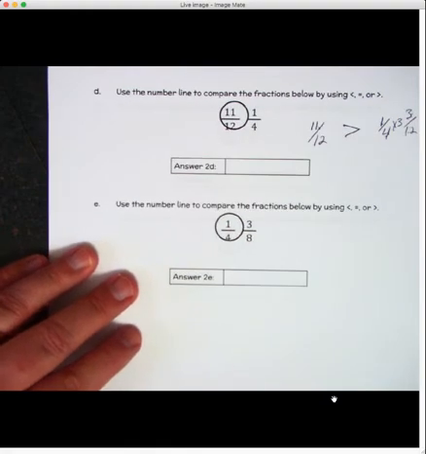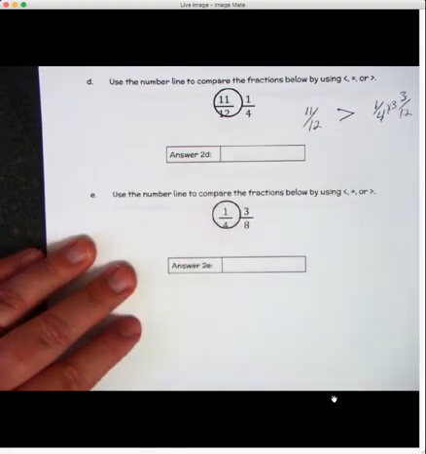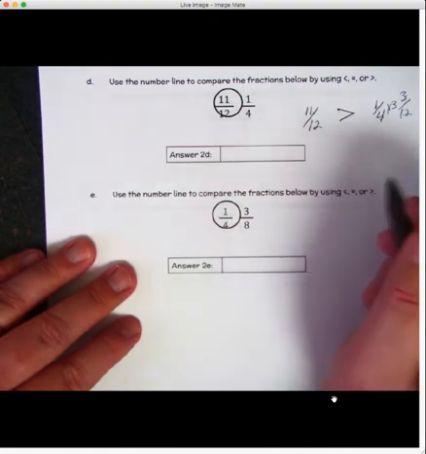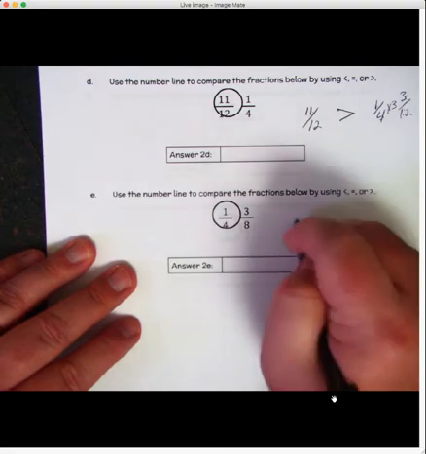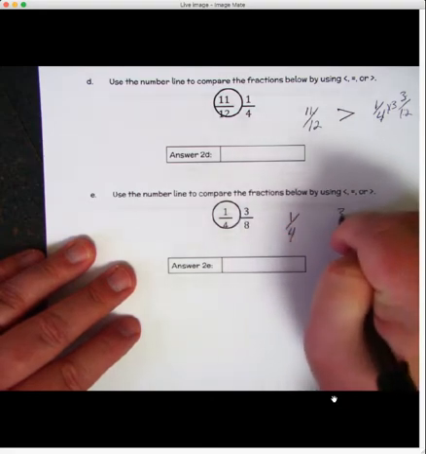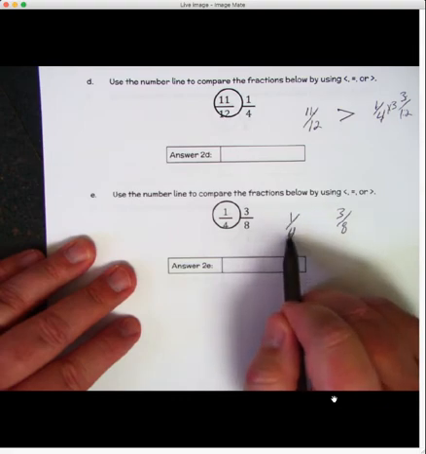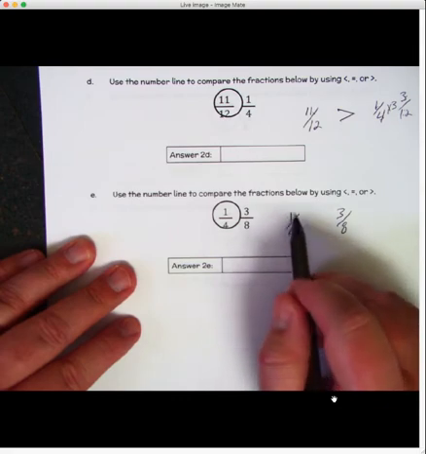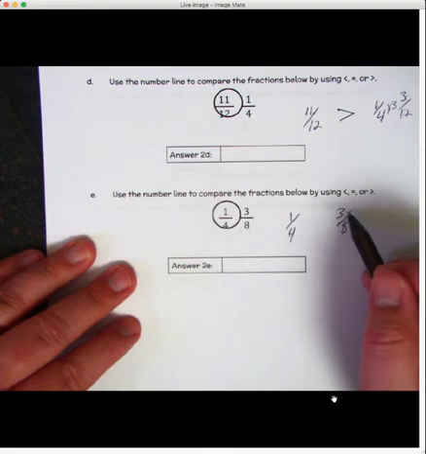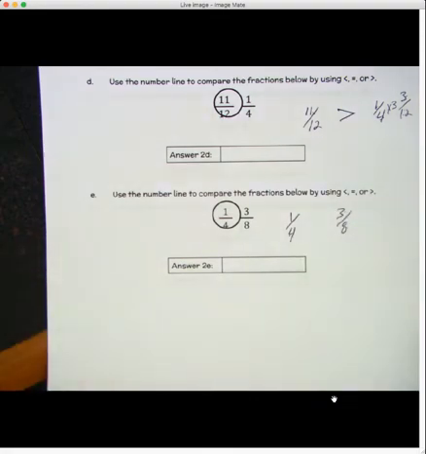Okay, use a number line to compare the fractions below. You can do a number line, however you want to do this. Draw it out like we're drawing it. 1/4 and 3/8 now. Now, if we were thinking in halves, this would be 2/4 for a half. That's less than 1/2. And 4/8 would be a half. That's less than 1/2. So we can't really tell, can we?